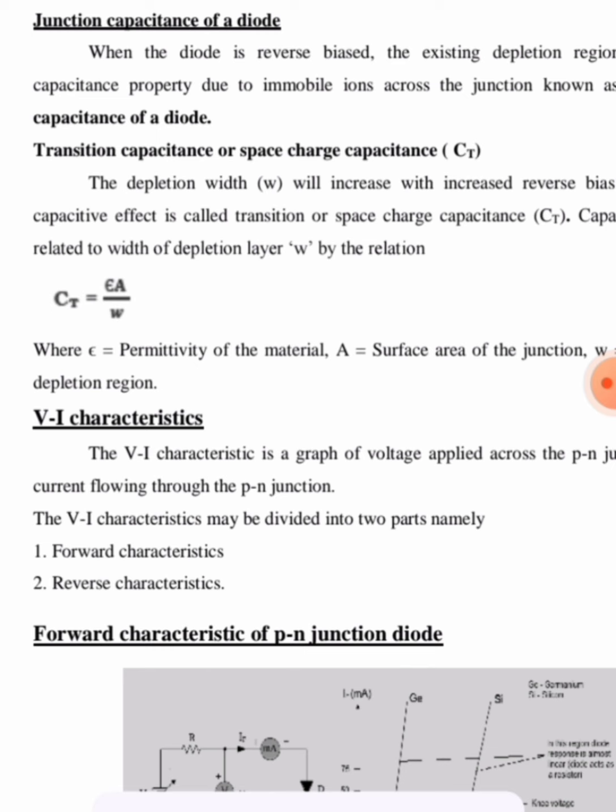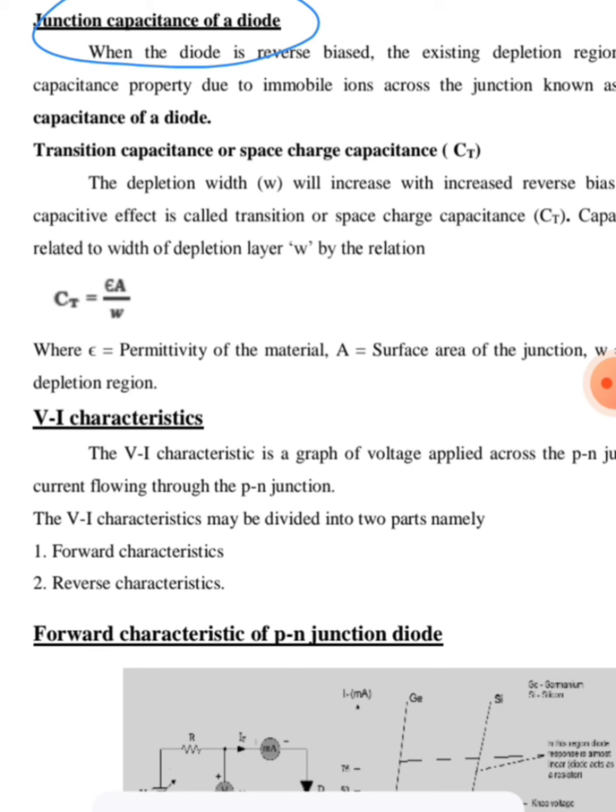Immobile ions in the sense positive ions that are present near the junction towards the N region and negative ions which are present near the junction in the P region. They exhibit the capacitance property, and that itself will be called the junction capacitance of a diode.